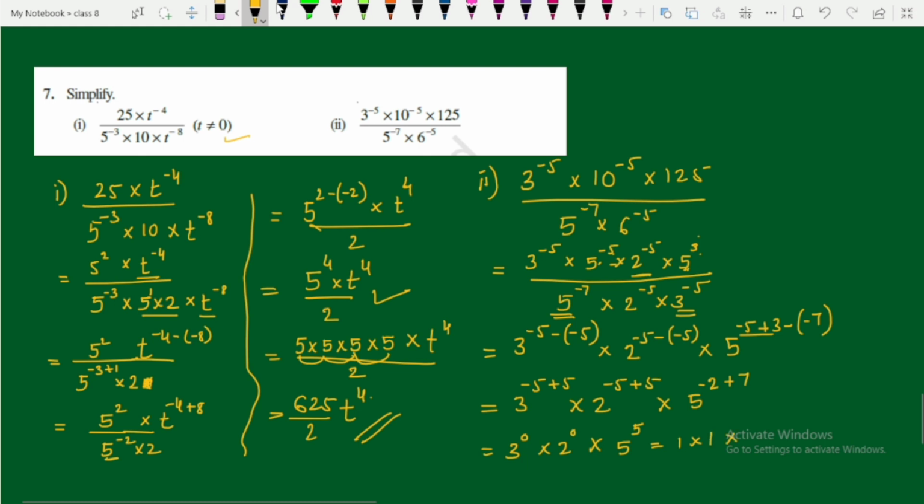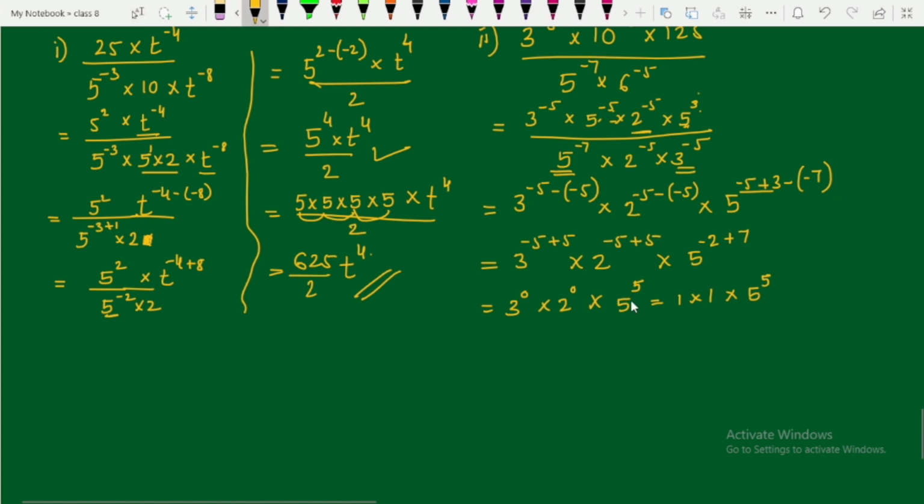Okay, so now the answer: 3 raised to 0 is 1, 2 raised to 0 is 1, into 5 raised to 5. It is a big number, so let's calculate 5 raised to 5. You already know 5 raised to 4 is 625, so we have to multiply by 5 again. 5 5s are 25. 5 2s are 10, 10 plus 2, 12. 5 6s are 30, 30 plus 1, 3125.